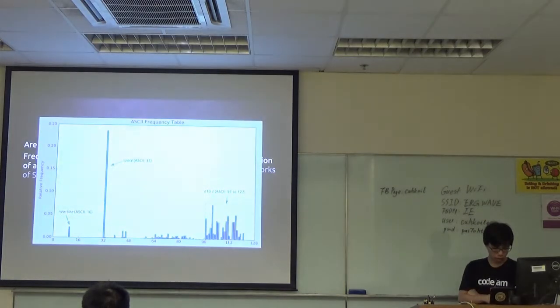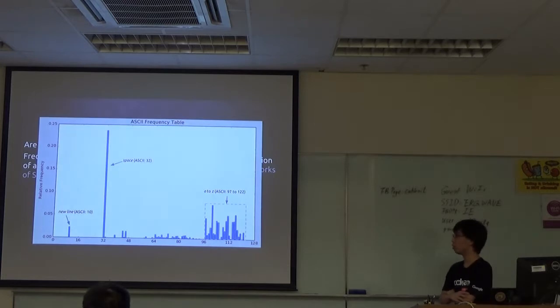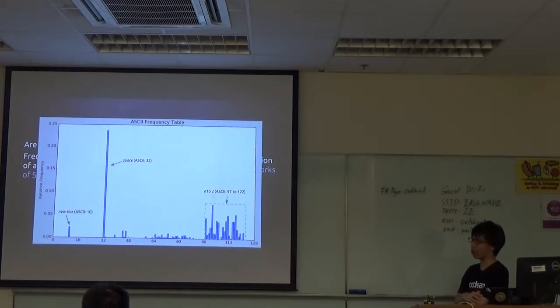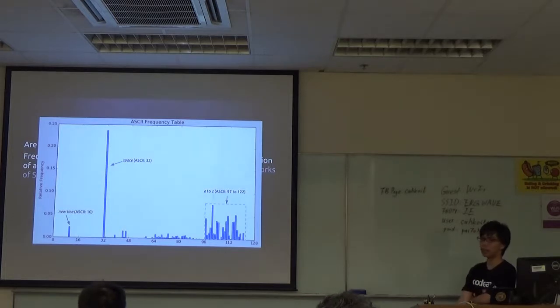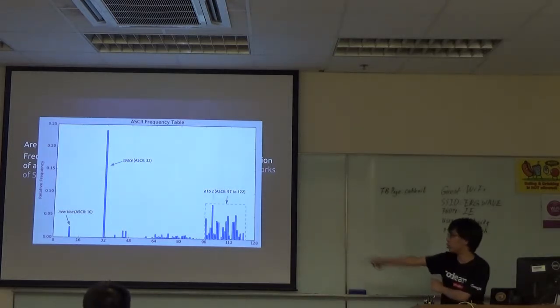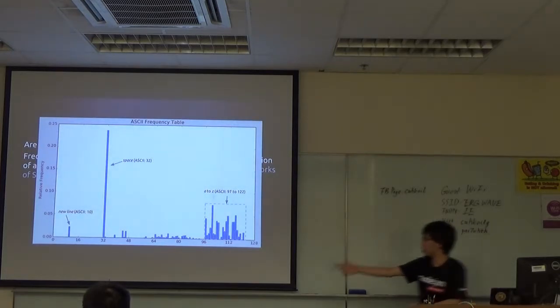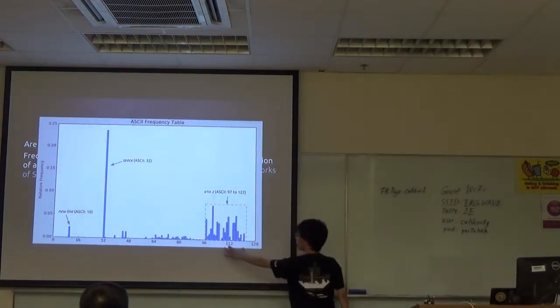Let's see. Suppose that we put the entire ASCII table and the whole text of Shakespeare through and return a frequency table. You can see that space is 1/4 of the text, and small letters a to c resemble a large proportion here.